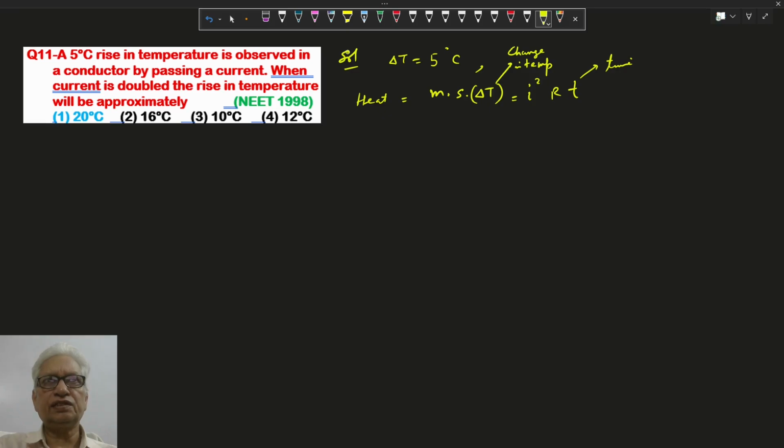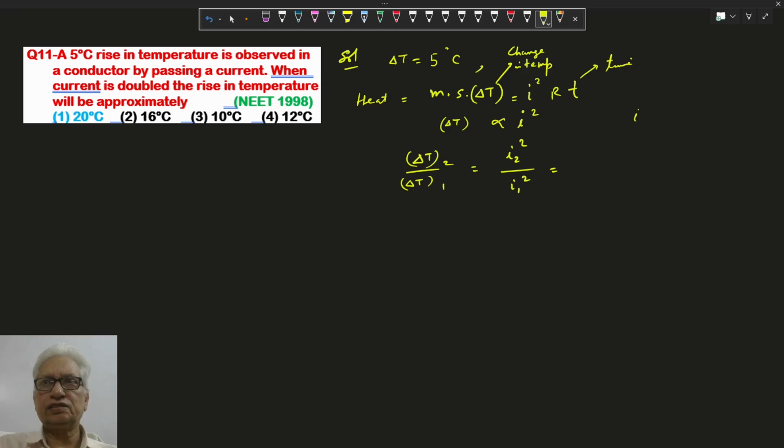You have to find the rise in temperature for the same time. So everything is constant, and delta T, the change in temperature, is directly proportional to I square. So the change in temperature in the second case upon the change in temperature in the first case is I2 square divided by I1 square.